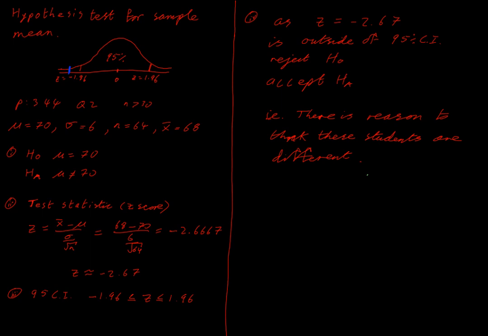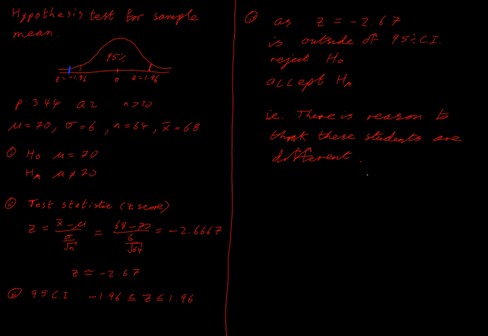Okay, so that is our steps for doing a hypothesis test for a mean. Now again, there are quite a few steps in these questions, but they're always the same. You're going to be given enough information to set out your null hypothesis, your alternative hypothesis. You're going to get your test statistic, which is just your z-score, and it's on page 35 in your log tables. You're going to check whether it is between plus or minus 1.96.